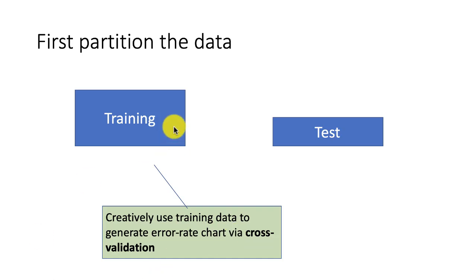They have a creative way to generate the chart without dipping into the test data at all, which means our test data will remain independent. Once we have built the model, we can always go to the test data and evaluate it. So without corrupting the integrity of the test data, we can still perform this process. That is cross-validation.